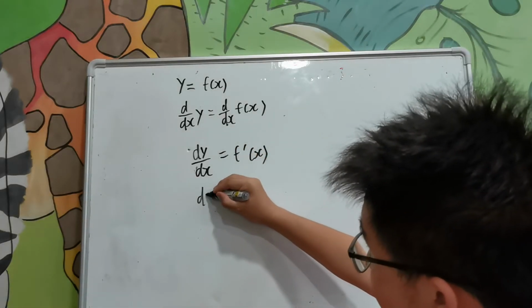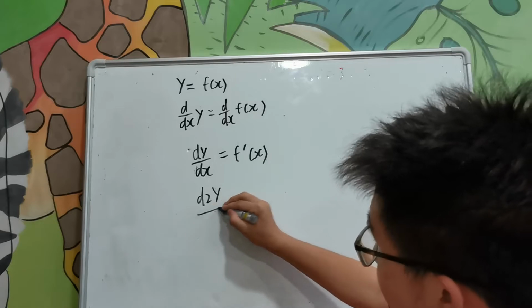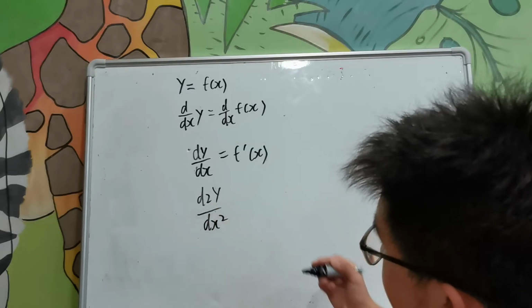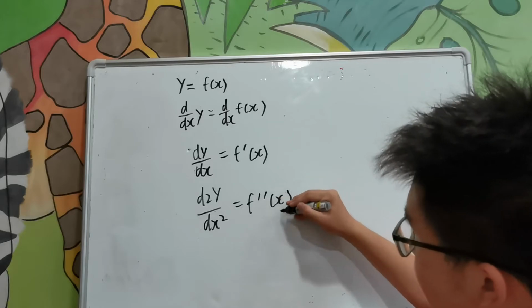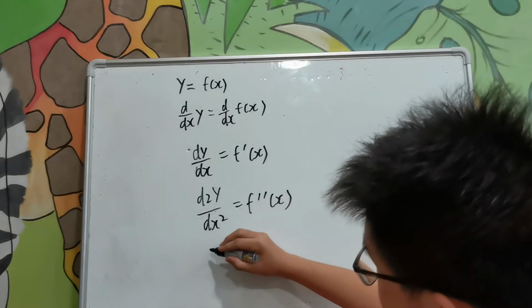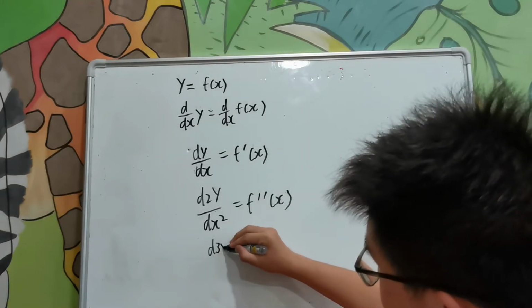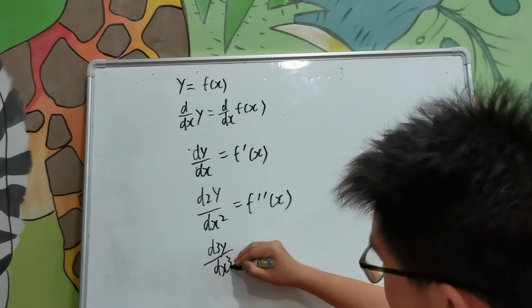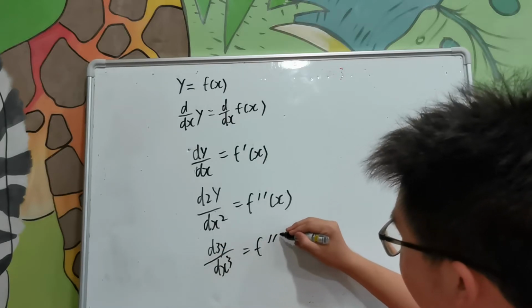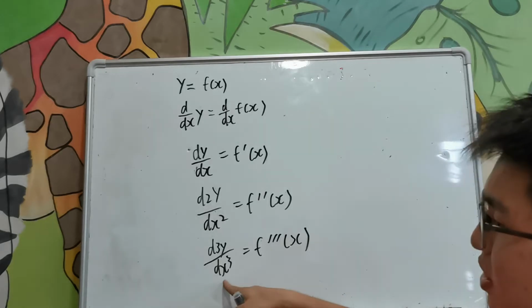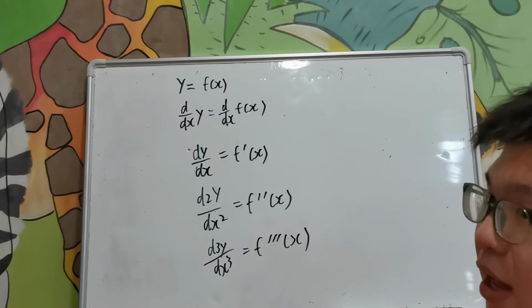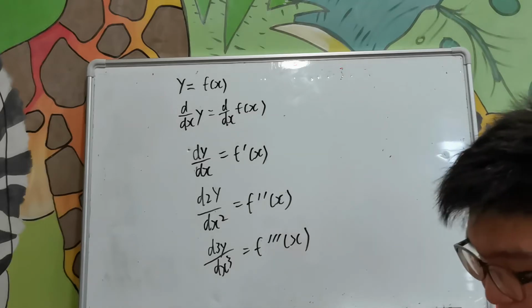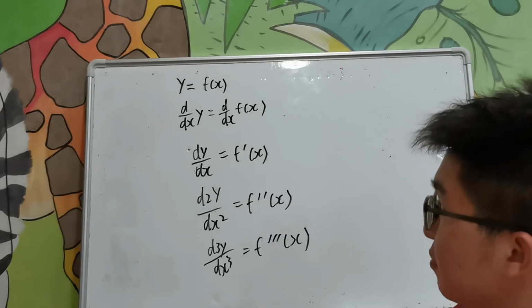For the second derivative, you have d2y over dx squared equals f, now two commas, x. And I'm pretty sure that if you have d3y, you will recognize that the third derivative of y or fx will just be this. So that is very basic notation on how you write your derivatives with respect to y or fx.